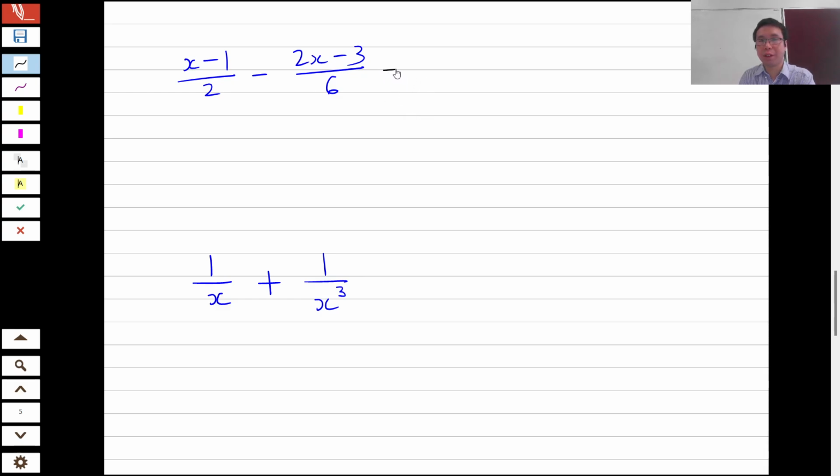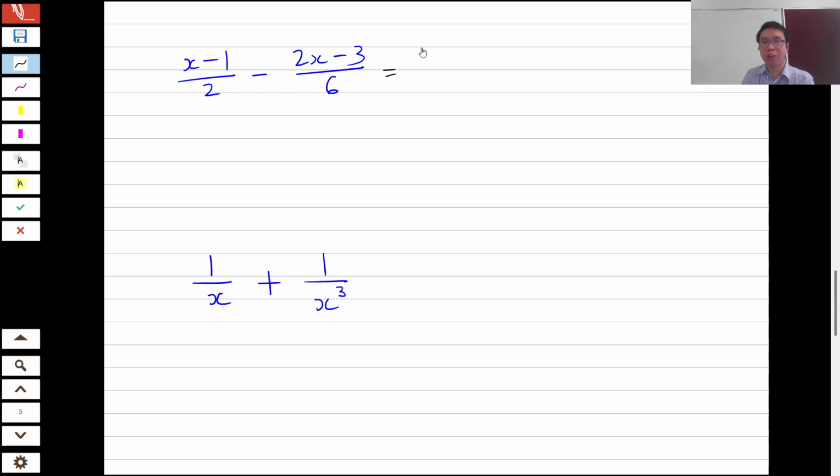Now, this question is going to involve two negative signs. We'll have to deal with that. Have to think about what's going to happen there. We don't actually need to do 2 times 6 to get 12 here. Because if I ask the question, what is the smallest number that is divisible by both 2 and 6, the answer is actually 6, because 2 goes into 6.